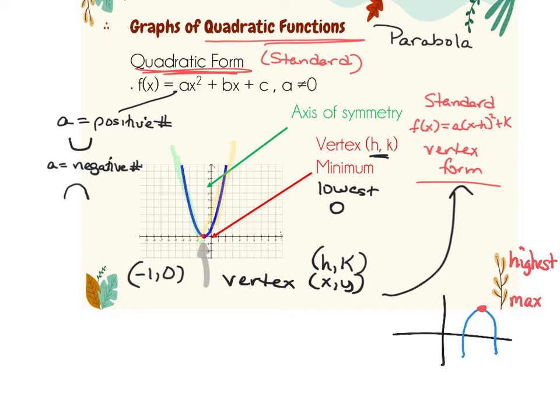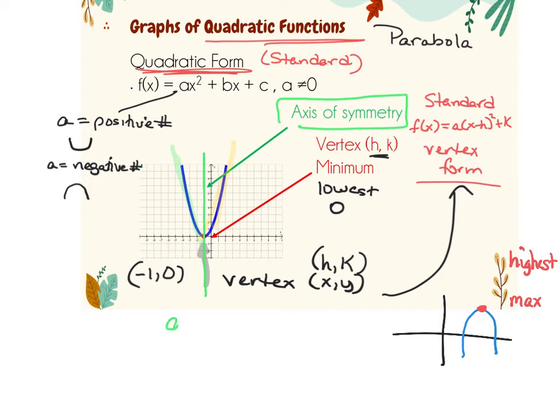Also through this vertex is this imaginary line, or it is a line, called the axis of symmetry. So it's like a line of symmetry that if you were to draw a vertical line through that vertex, that would be your line of symmetry for your parabola, and you could fold it up and everything would match perfectly.